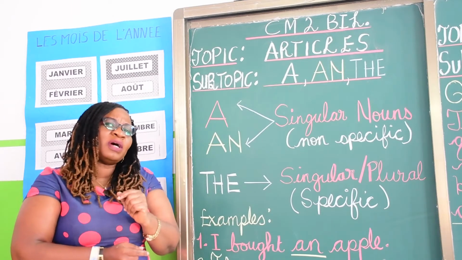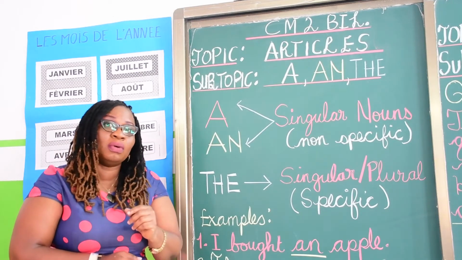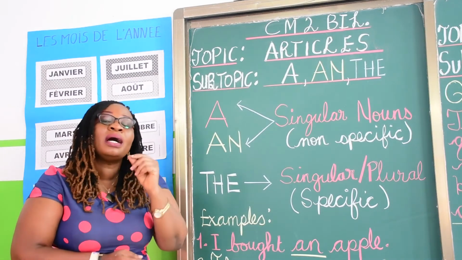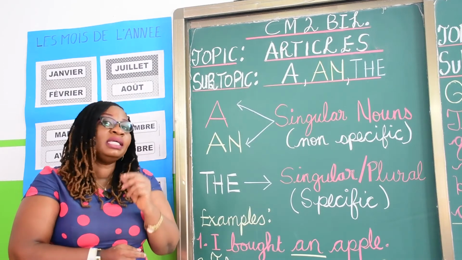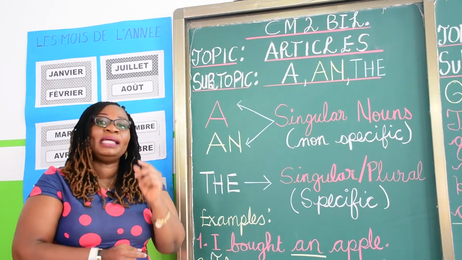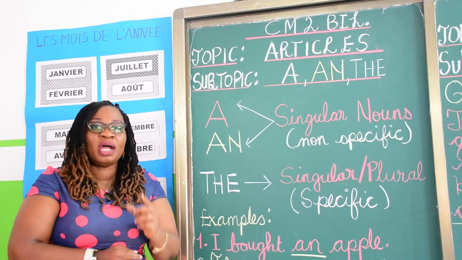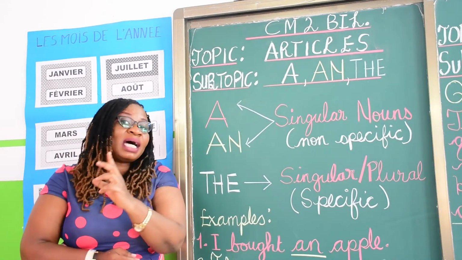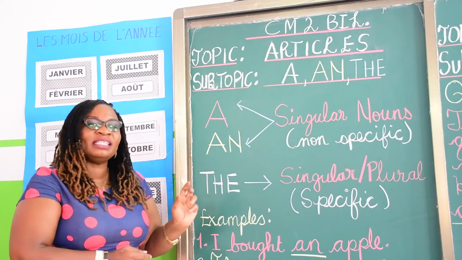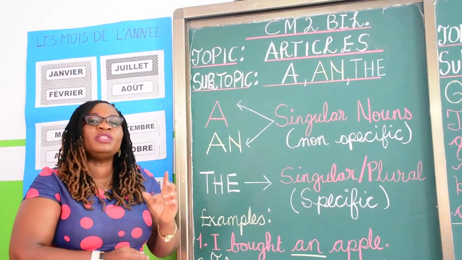And you know your English vowels, a quick run through: A, E, I, O, U. And with a special vowel Y, because sometimes Y sounds like I. But the main vowels are A, E, I, O, U. And so any word that begins with any of the vowels, you realize that you need to bring an before these nouns.